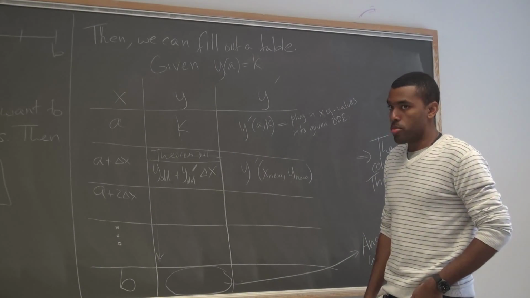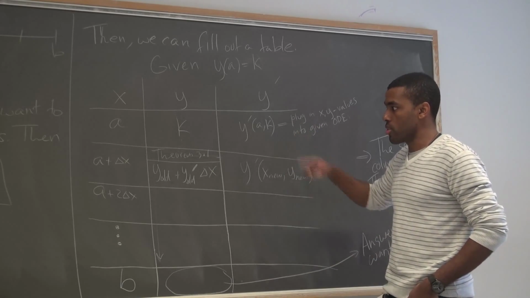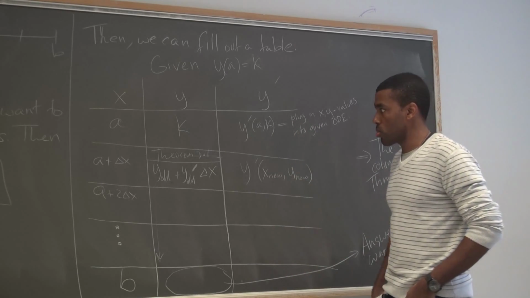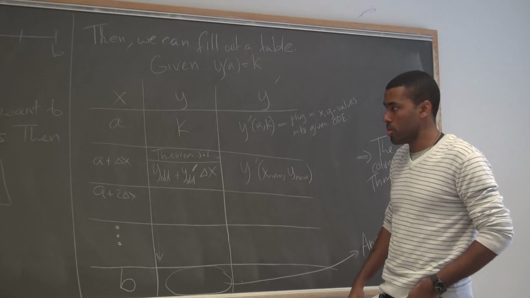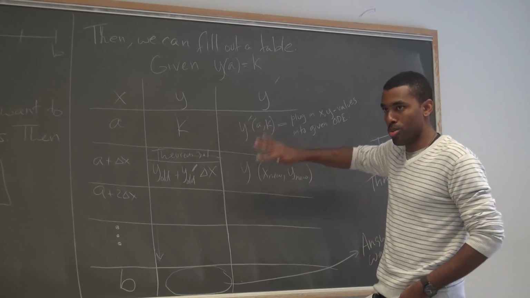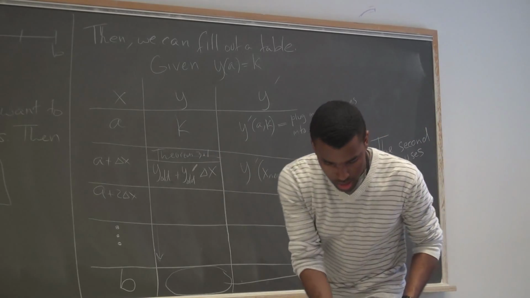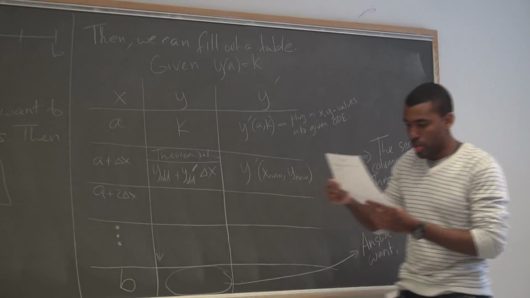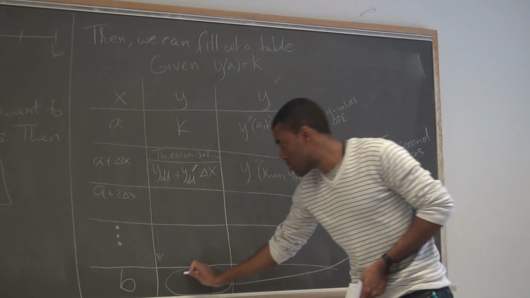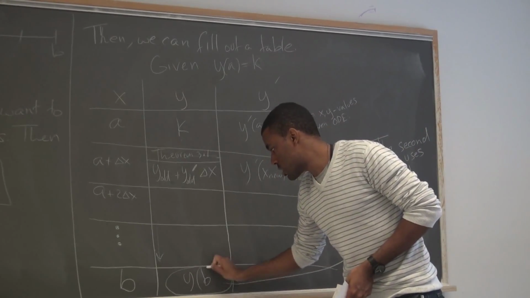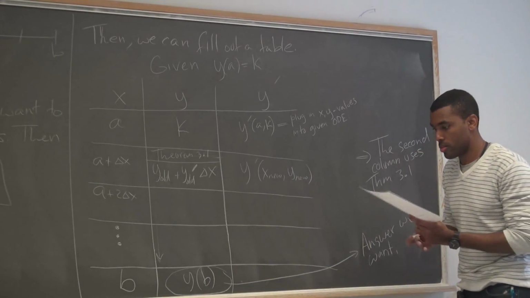So it's really an iterative process where you keep running through this algorithm until you get to the point where you want to get. So this is how you fill out the table, and we're actually going to do an example, but it's good to actually know how to fill it out, so that when you do an example, it will make more sense. So here is going to end up being your y of b, which is going to be the guy that we want to find.